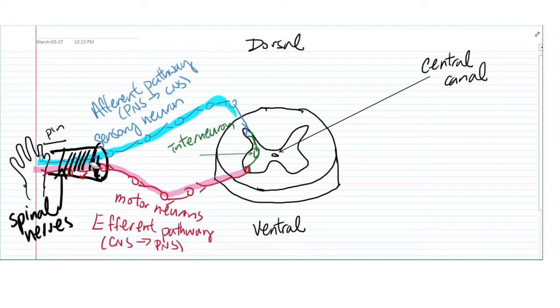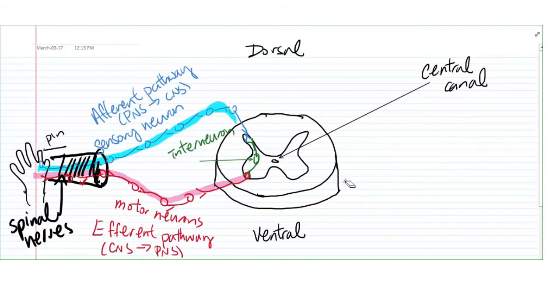So you wouldn't be able to see the individual afferent path when it comes out as a spinal nerve. It would just be a bundle together. But if you open that up, you would be able to see the distinct paths. It's kind of like a telephone line. If you take the entire phone wire, it looks like one thing, but when you cut it open, it actually has multiple smaller paths inside. So this is going to be exactly the same on the other side of the spinal cord. I'm not going to draw it because I don't want to confuse you.